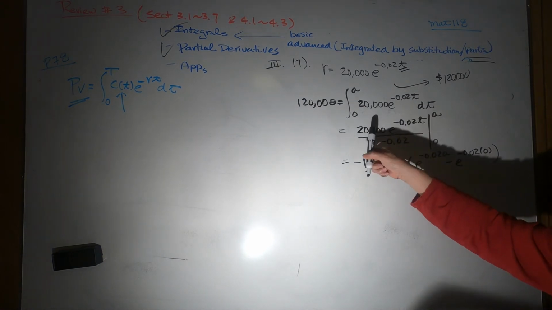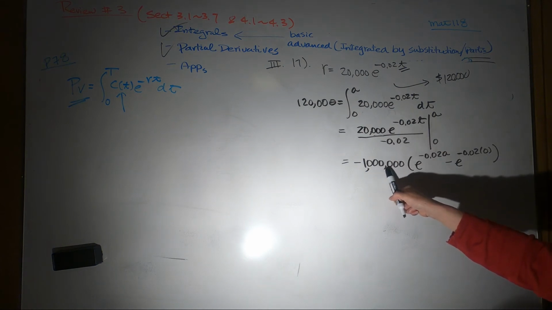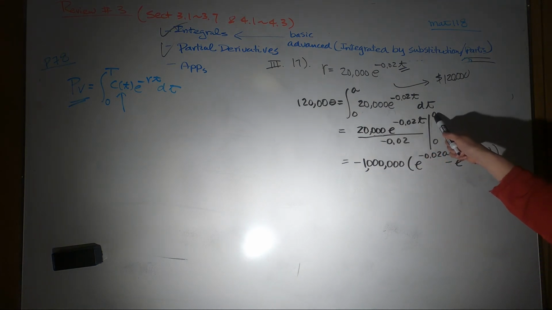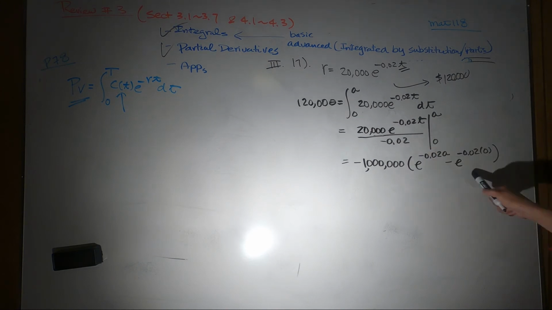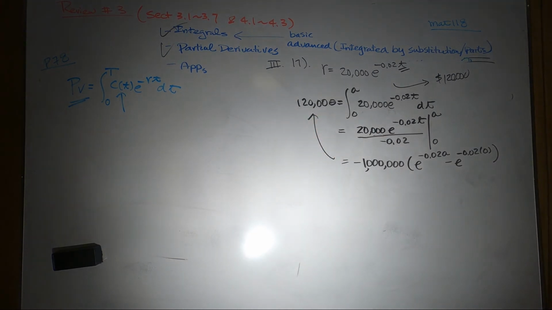I just divided 20,000 divided by negative 0.02. That would be my number. Then I plug in a to the t, 0 to the t. That would be my equation, right? This is supposed to be $120,000. Then how do you solve this?